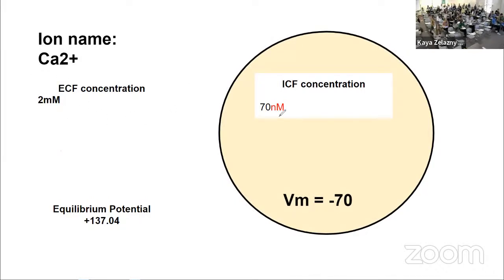So you do have to be a little careful here. Our ICF concentration was actually given in nanomoles instead of millimoles because it is so small. Okay, so in order to do this example, we need to do the conversion here.